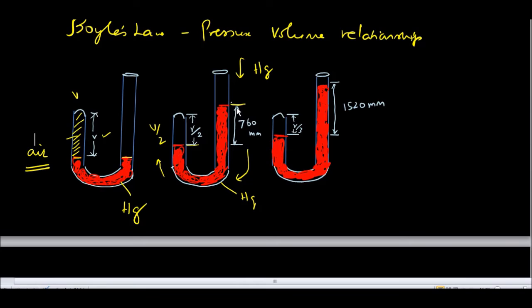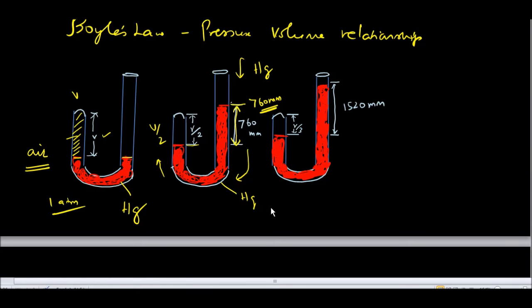This mercury level height difference is measured as 760 mm. In the first case there is no difference between the mercury levels, and hence the pressure is noted as 1 atm.